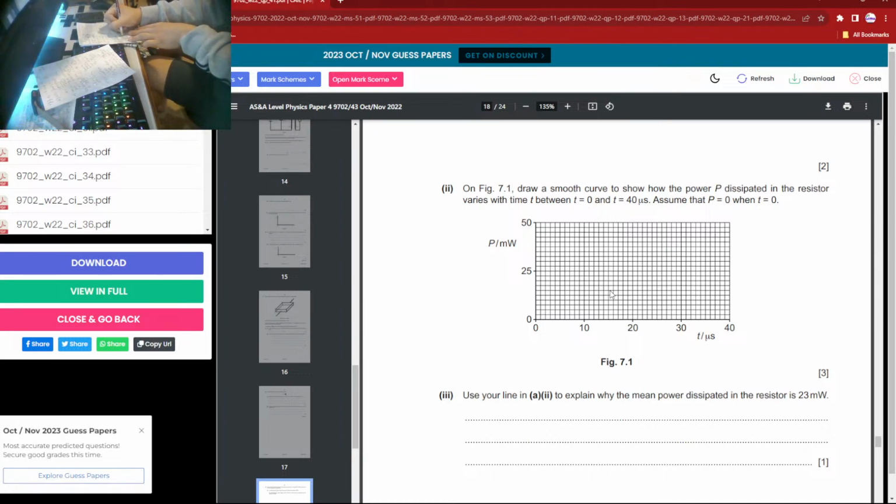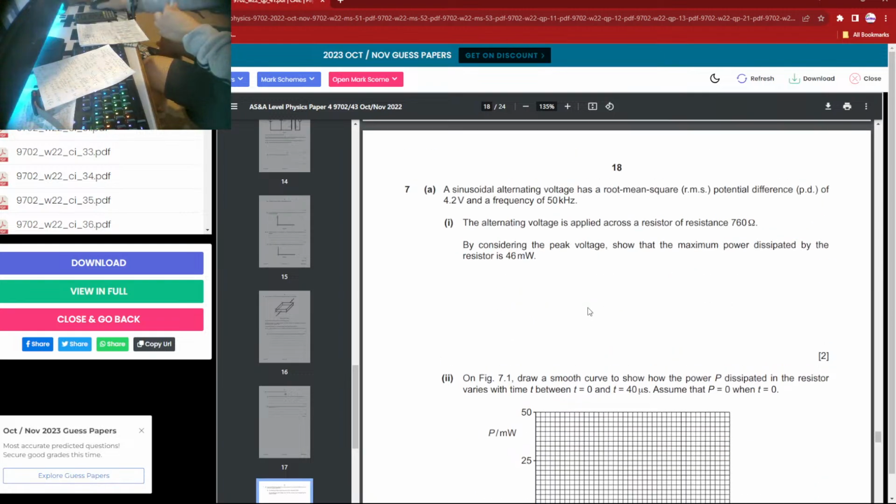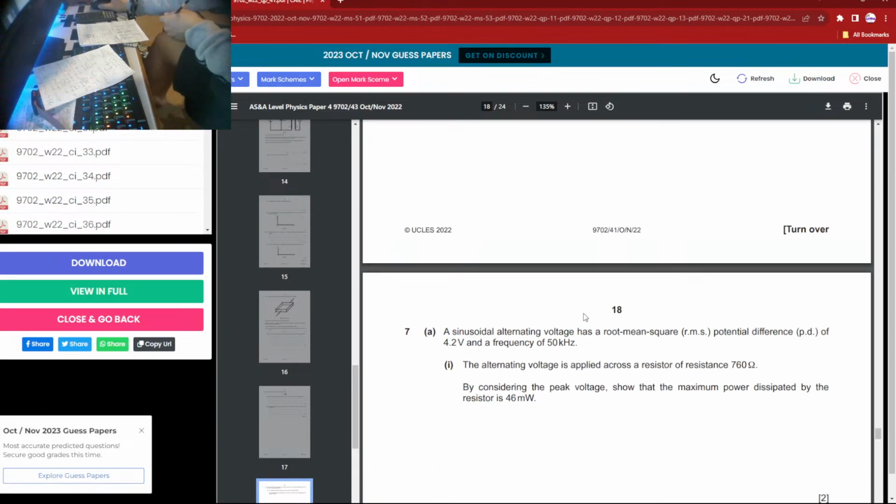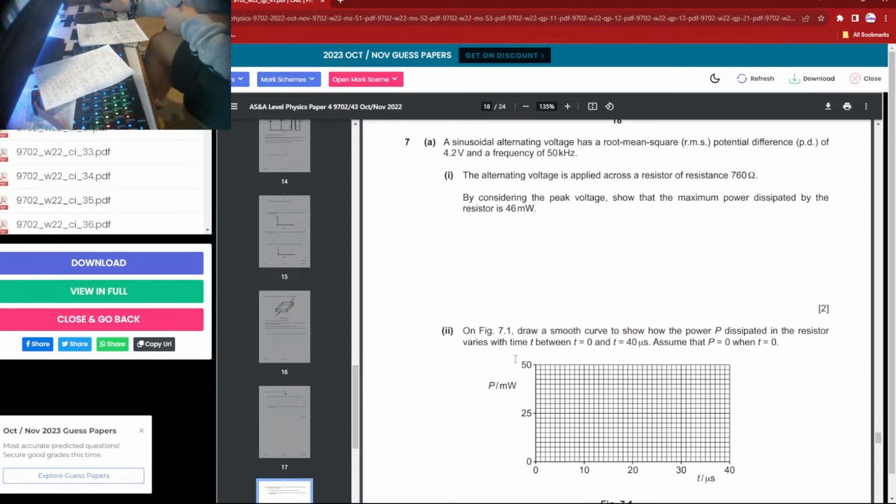Since you know the max power dissipated is 46, you would count from here, just around here somewhere. You have to count it properly when you do it in an exam, but now we'll just estimate. So it's 2 microseconds per cycle.